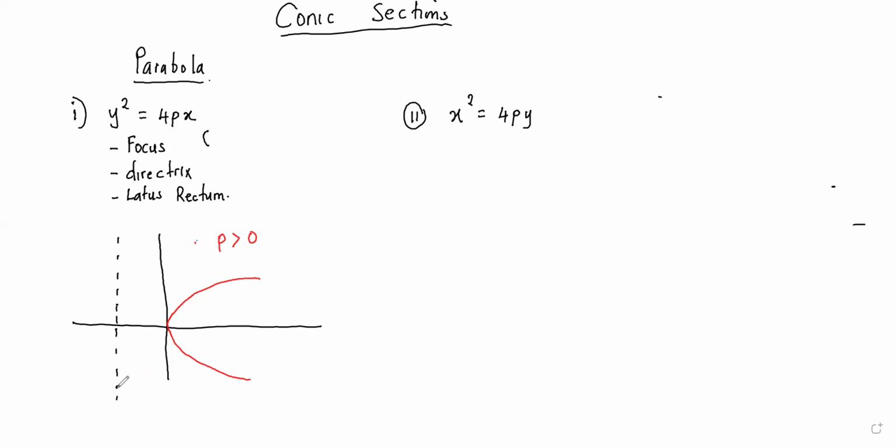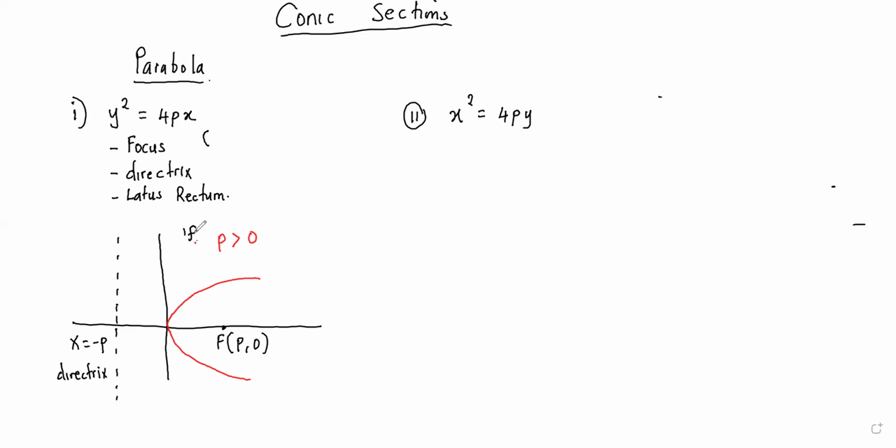So it means that the focus is going to be at this point, p comma 0, and this will be x is equal to negative p as the directrix. Okay, that is if p is positive.